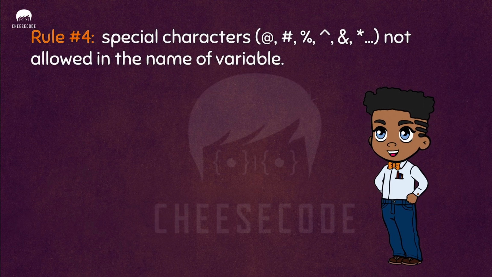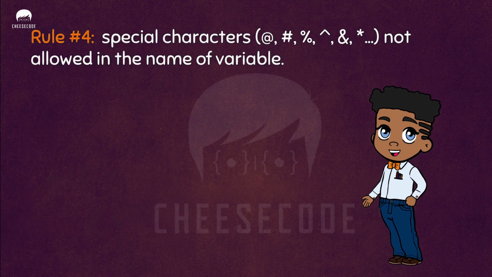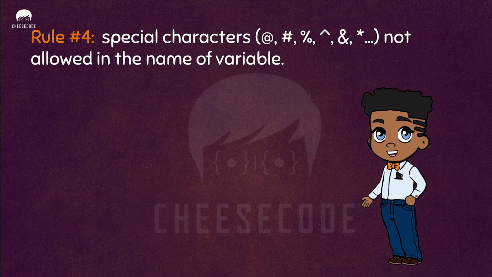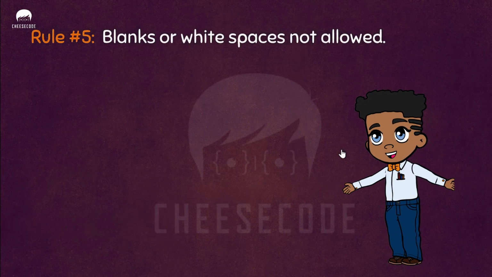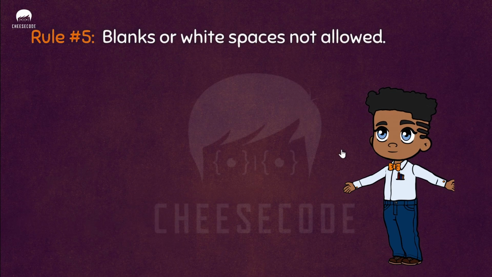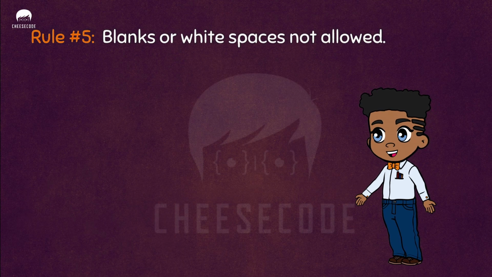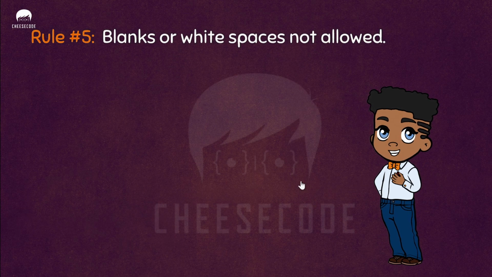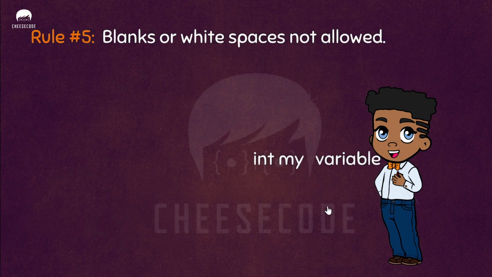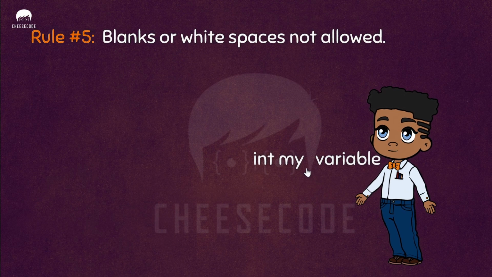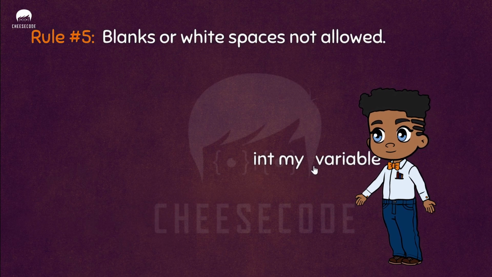But yes, I told you to avoid using underscore at the beginning, but you can use it in between the name of the variables. Blanks, or white spaces, are not allowed for the separation of different parts of the name of a variable. For example, int my variable is invalid because of the blank space over here.